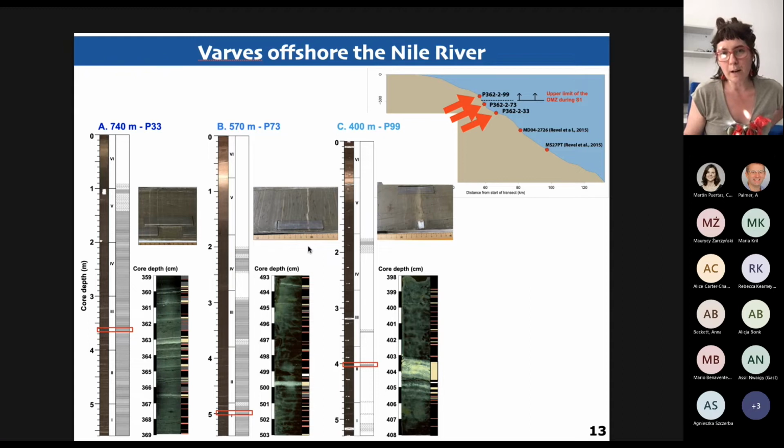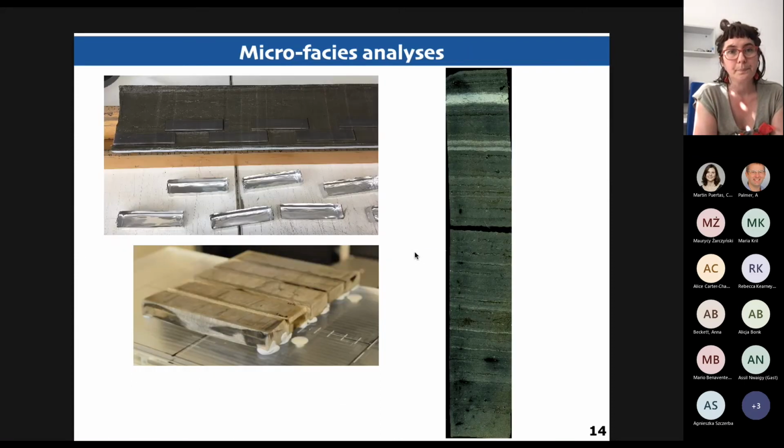But there are also varves or laminations in the intermediate core, whereas it's very faint in the upper core. Also, I wanted to mention, it's not very easy to see on this figure, but basically the lamination types are very similar in these cores. I can recognize certain patterns of depositional sequence in the three cores.